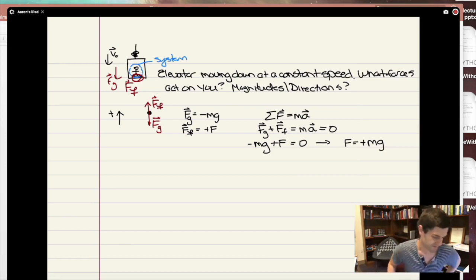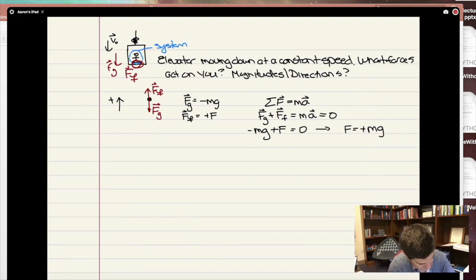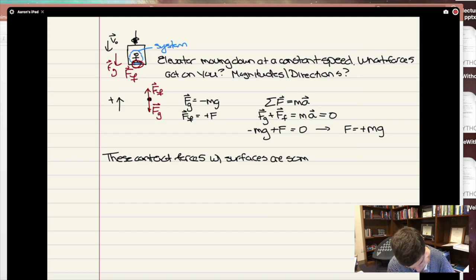These contact forces, which really are all forces besides the few long-range ones, sometimes have their own special name. So these contact forces with surfaces are sometimes called normal forces.